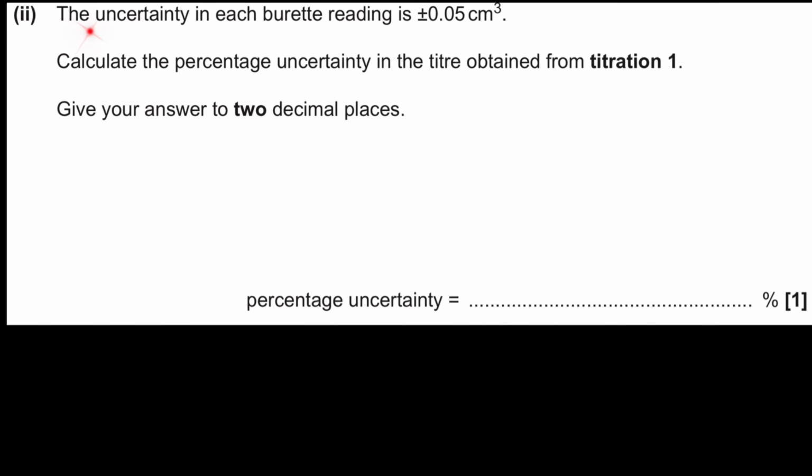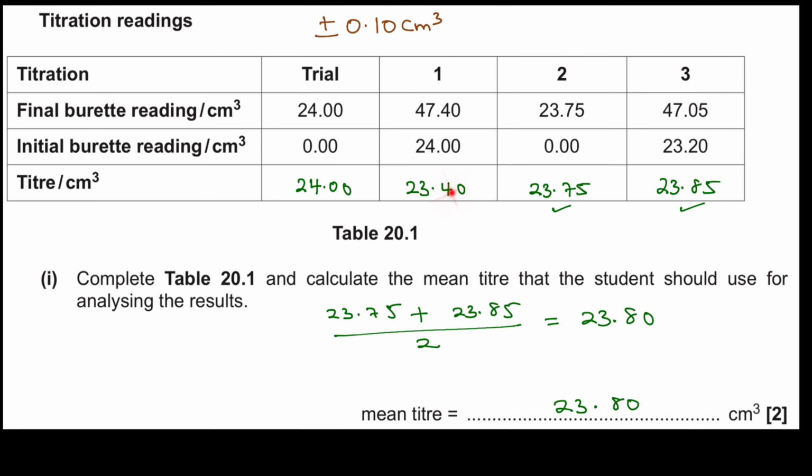Part 2. The uncertainty in each burette reading is plus or minus 0.05 cm3. Calculate the percentage uncertainty in the titer obtained from titration 1. Give your answer to 2 decimal places. First, we need to find the uncertainty, and the uncertainty is 0.05, and we have to multiply by the number of times we've used it, which is twice, because we take the initial and the final reading, and then we divide it by the value we obtained from titration 1, which is 23.4.